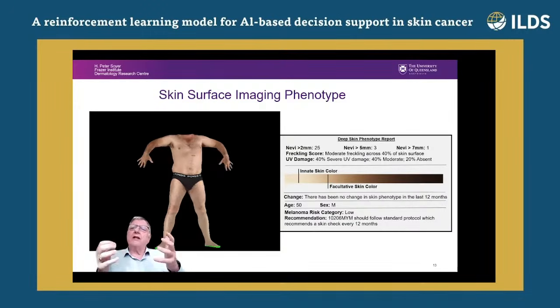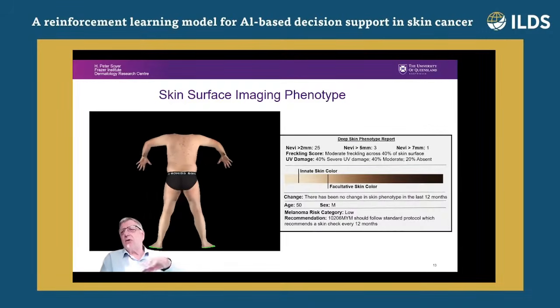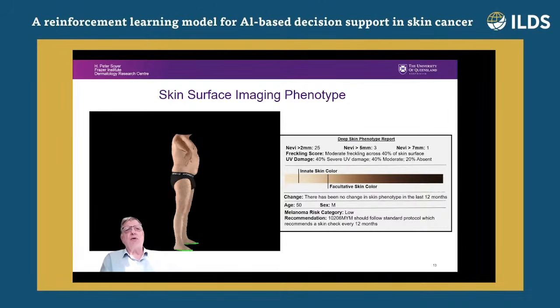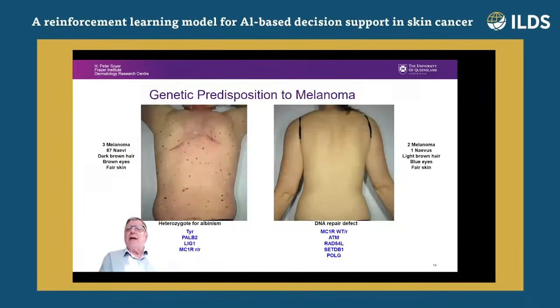This is still a work in progress, but we have already published quite a few aspects of this work in detail. Let me now switch a little and speak about the genetic predisposition to melanoma.